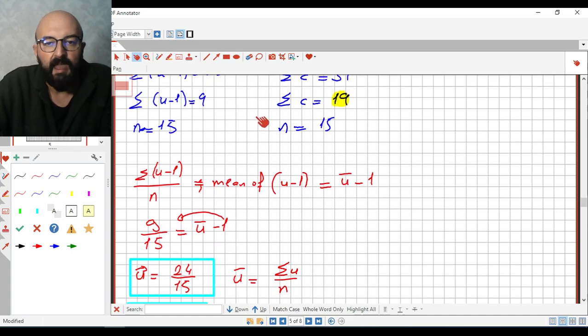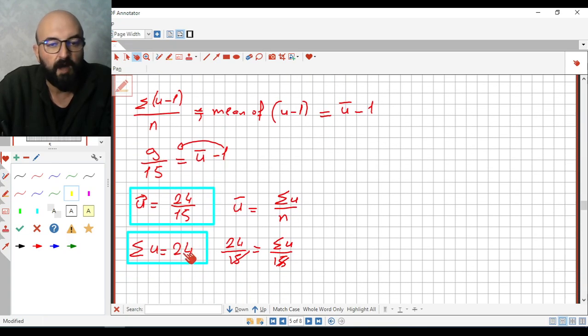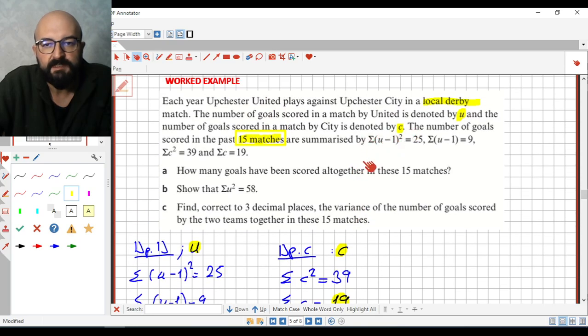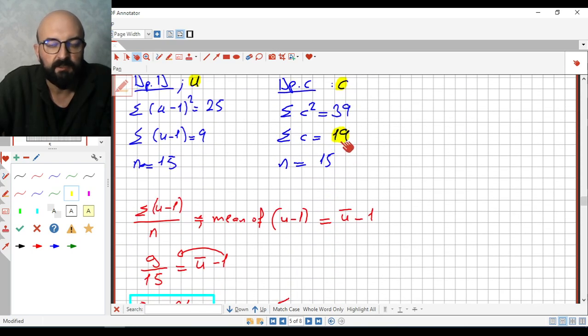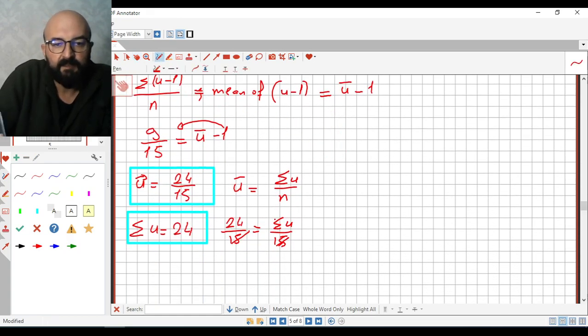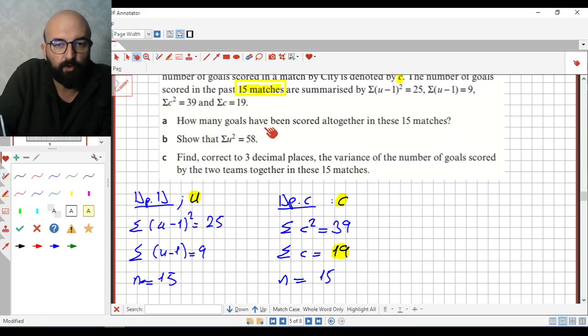Okay, Upchester United scored 24, and Upchester City has 19 goals. So how many goals have been scored altogether in these 15 matches?